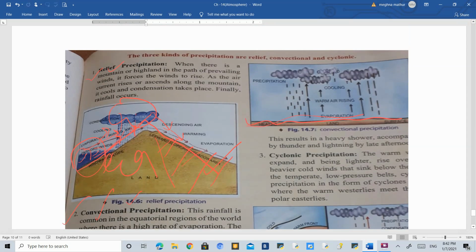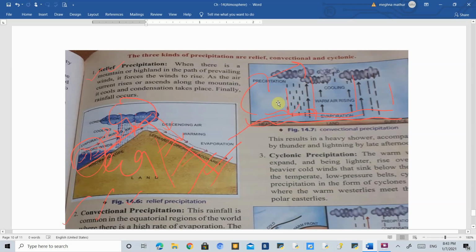It will expand and move up into the atmosphere, and low pressure will be over here. Then the winds from the high pressure will move towards here, bringing rainfall, and it will start to rain. So you will find a lot of rain there all throughout the day.